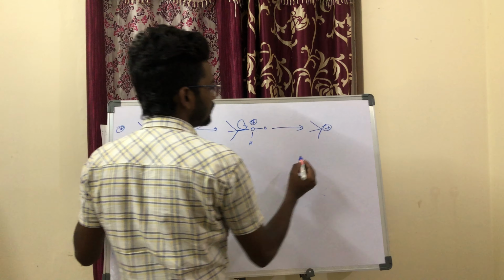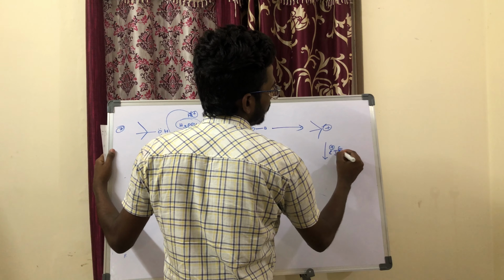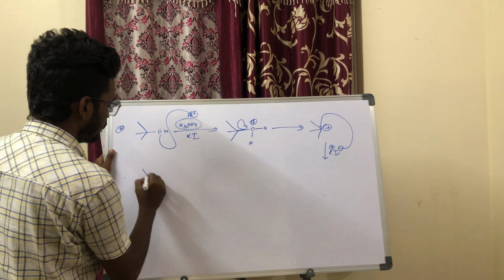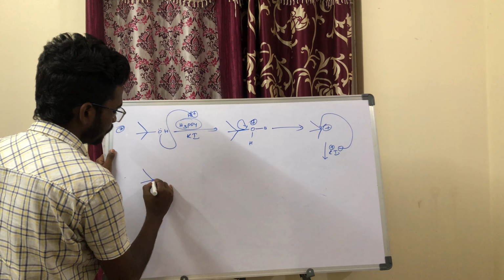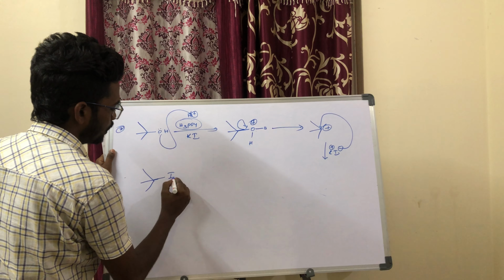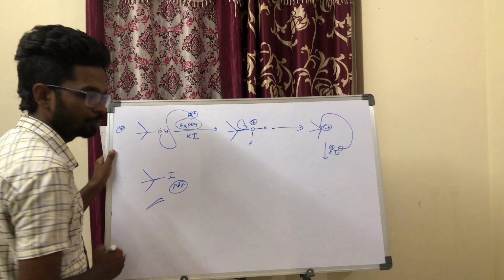That positive charge is going to be treated with KI, K plus I minus. This I minus is going to attack on this positive center. So finally you will get the product, I. This is your product.